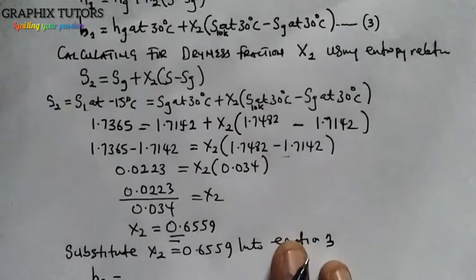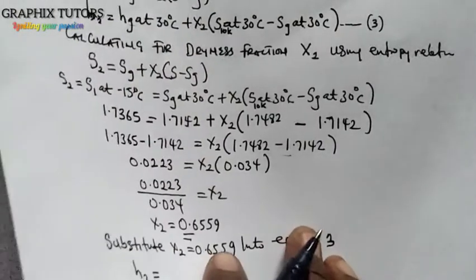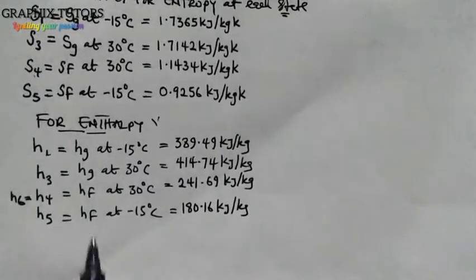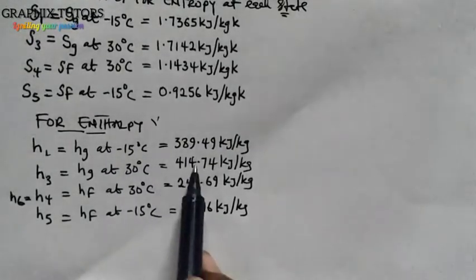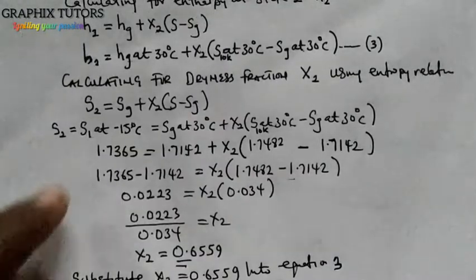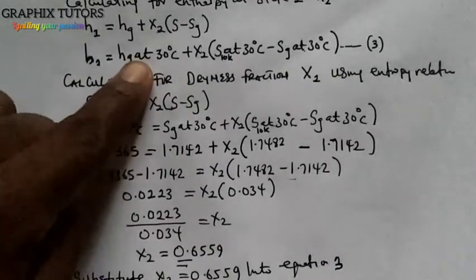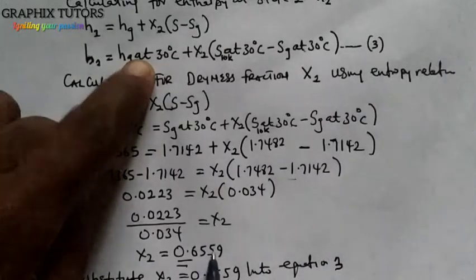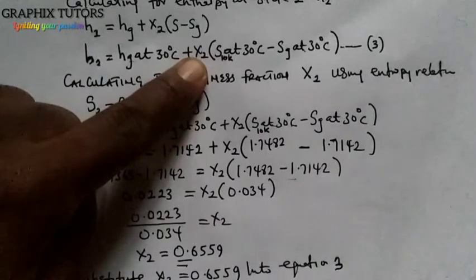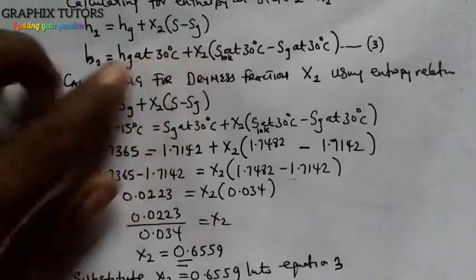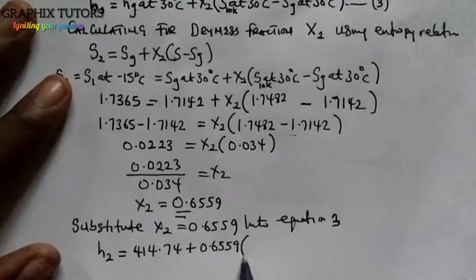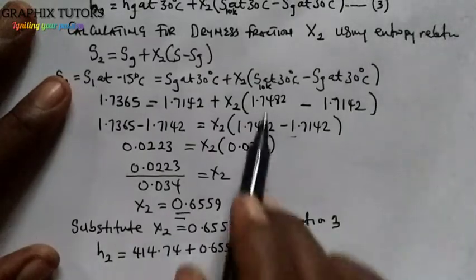Hg at 30 is, let's see, Hg at 30 is 414.74. So I'm going to write, to replace this, so now it will be 414.74 plus S2. S2 is 0.6559. Open the brackets.